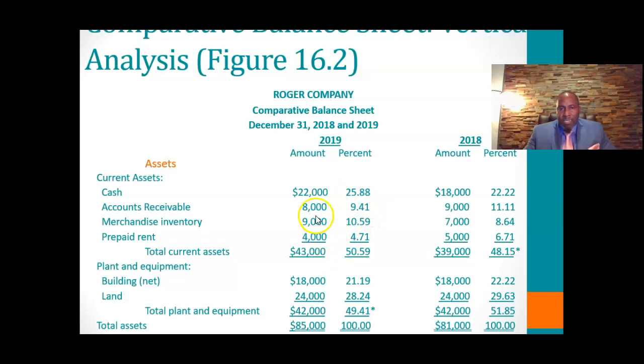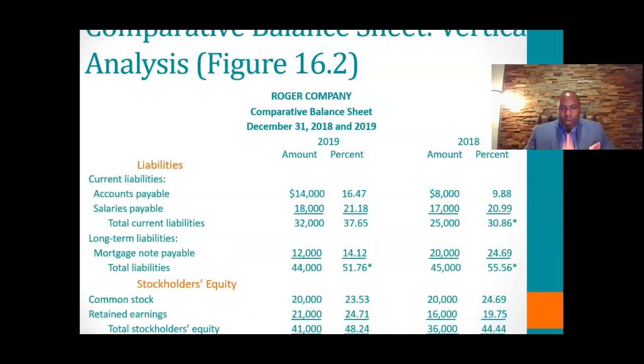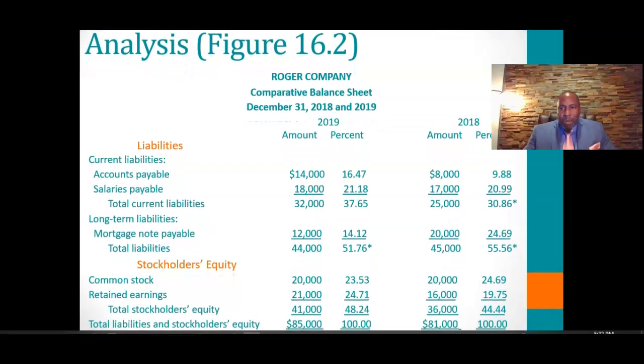So for the assets, each one is shown as a percent of the total assets of the business organization. We'll do the same thing for our liabilities.